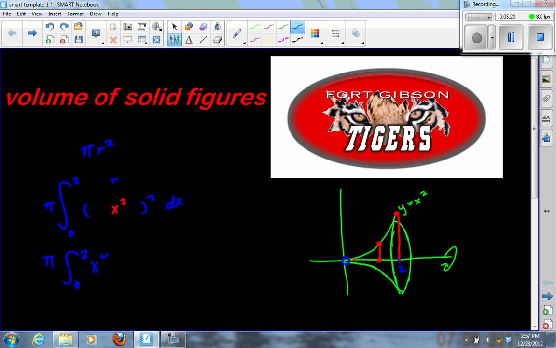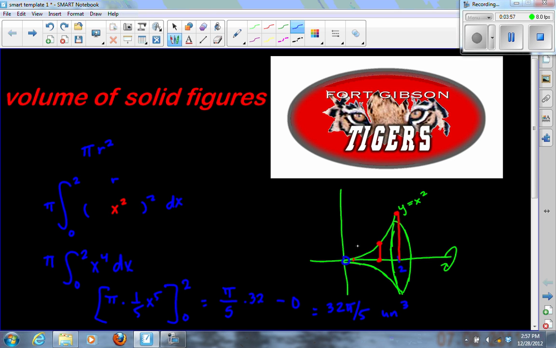So this would be x to the 4th dx, which is pi times 1/5 x to the 5th, evaluated from 0 to 2, which will give you pi over 5 times 2 to the 5th, which is 32, minus 0, which is 32 pi over 5. And this would be cubic whatever units you have, because this is volume.